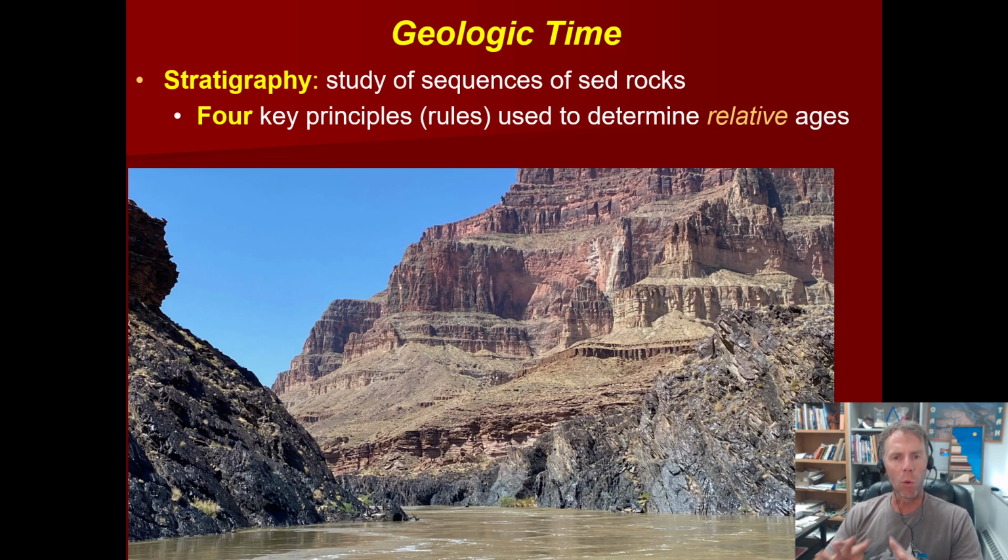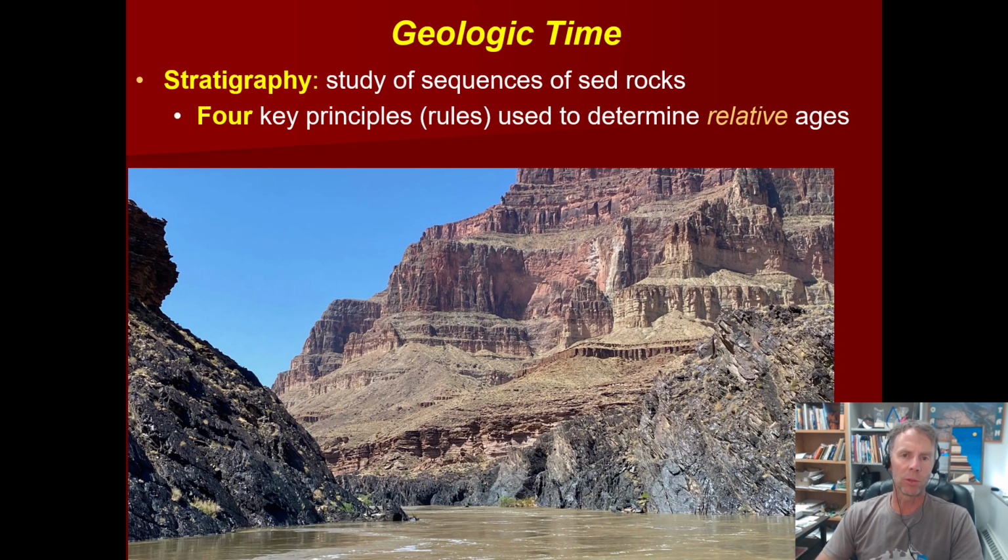And so we're going to learn four basic principles, four rules, if you will, that is really going to help us determine the relative ages of rocks. And so you can look like a super hotshot smarty pants on your next little hike outside with your friends by using these rules or principles and being able to determine which rock is older than another.